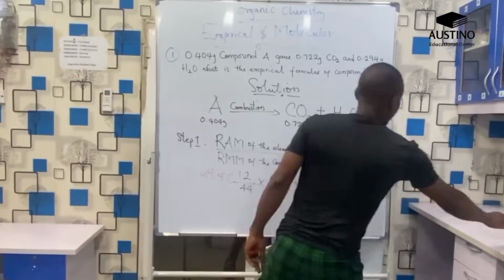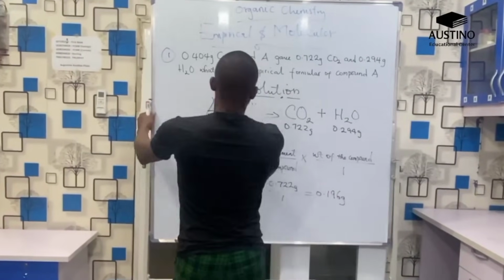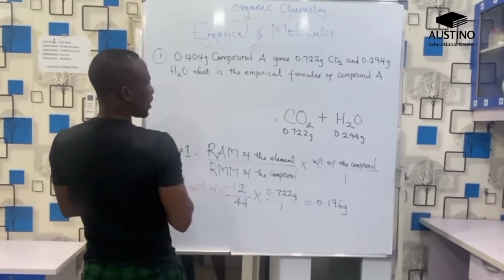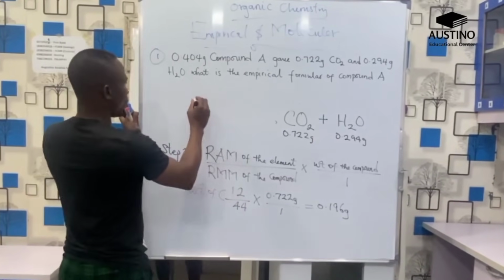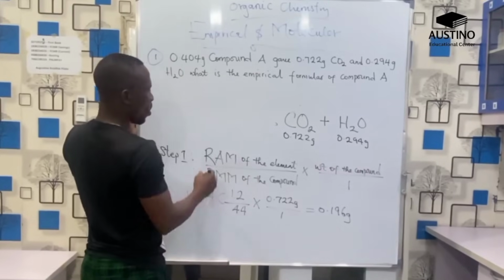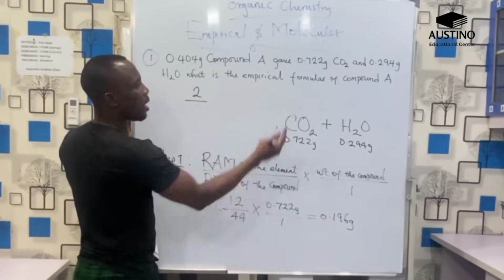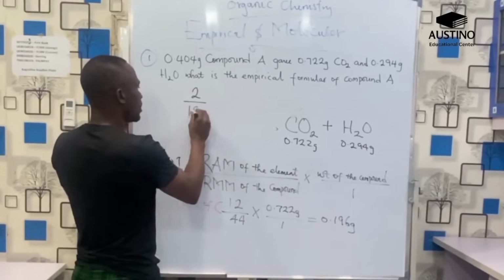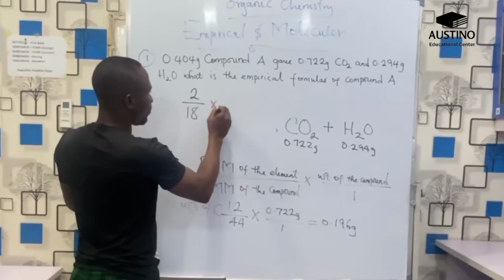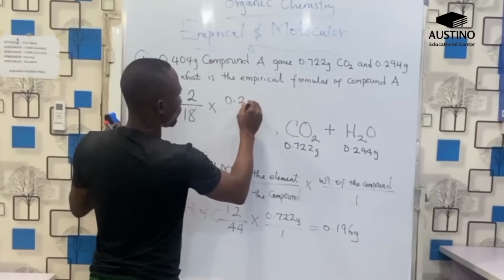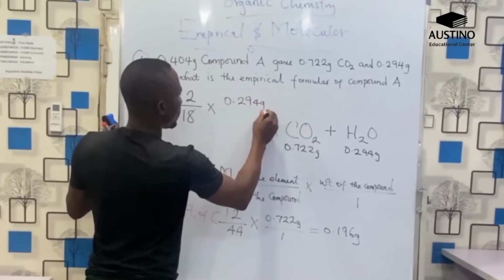Hydrogen, in this case, is already there. We have that the relative atomic mass of hydrogen is 2, all over the relative molecular mass of the compound in which hydrogen is found, water, which is 18, multiplied by the weight of water, which is given to us in the question as 2.94 grams, all over 1.